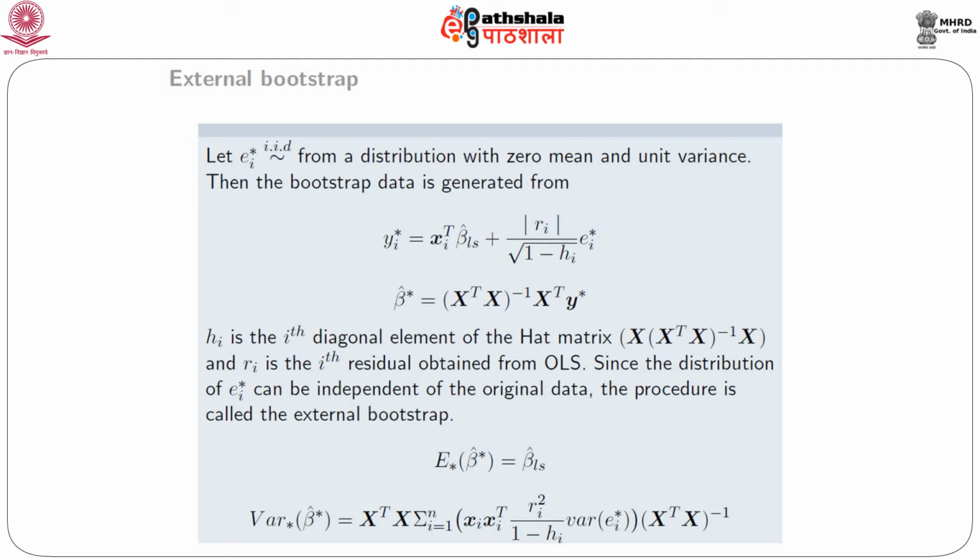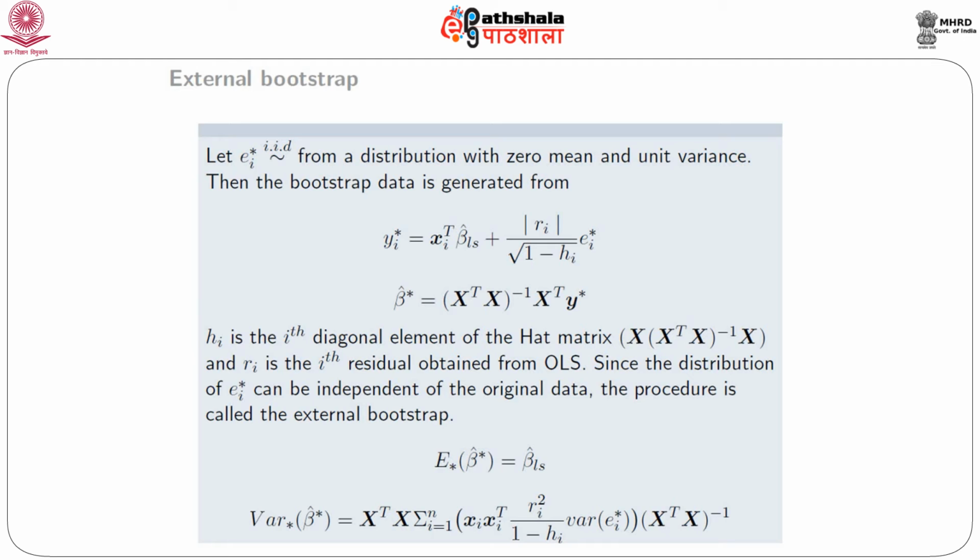Then the bootstrap data are generated by setting y_i* equal to x_i^T beta hat, which is the least square estimate, plus the ratio of the absolute value of the ith residual and the square root of 1 minus h_i, where h_i is from the hat matrix, times e_i*, where e_i* is obtained from the mean 0, variance 1 distribution. Then beta hat LS is obtained in the same way, treating y_i* and x_i as the data. So, that becomes (X^T X) inverse X^T y*.